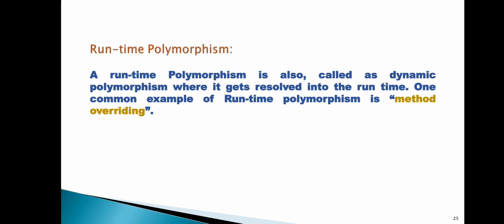For example, take a child class and a parent class; they both have the same method. The child class inherits the parent class, and they both have the same method. Then the child class can override the parent class's method by using method overriding.